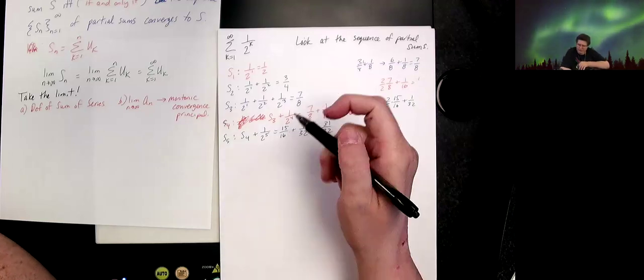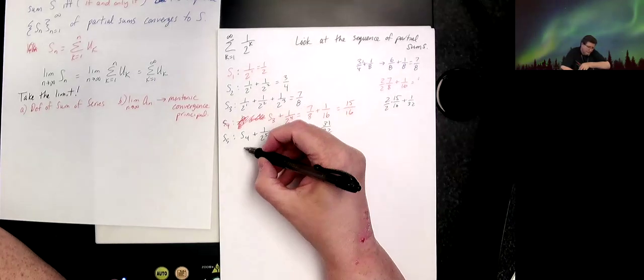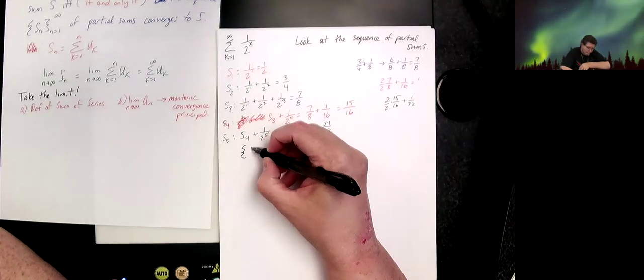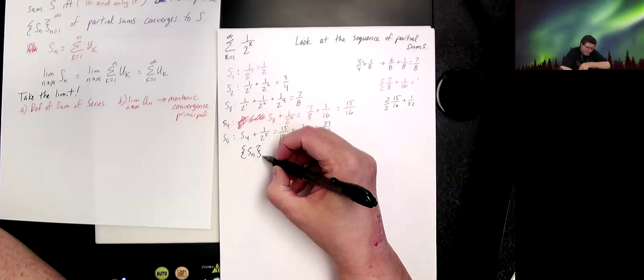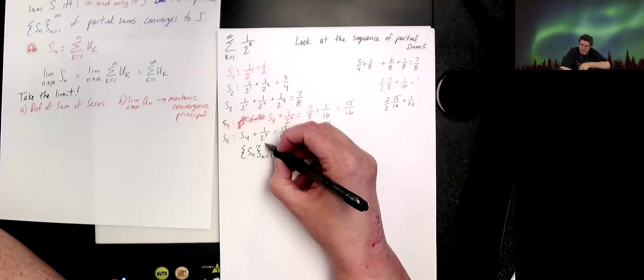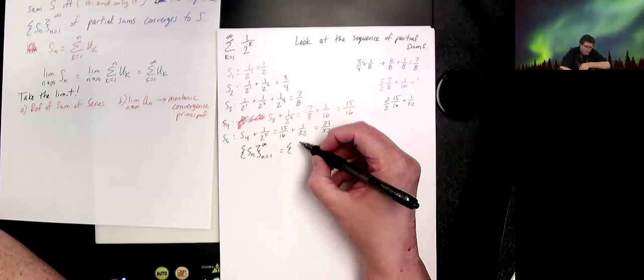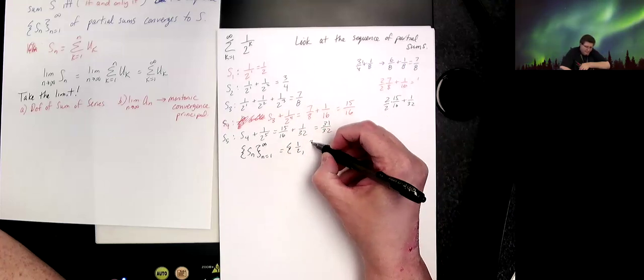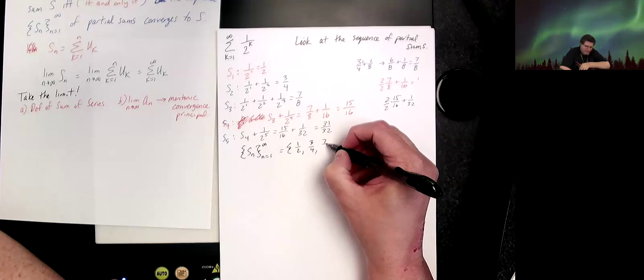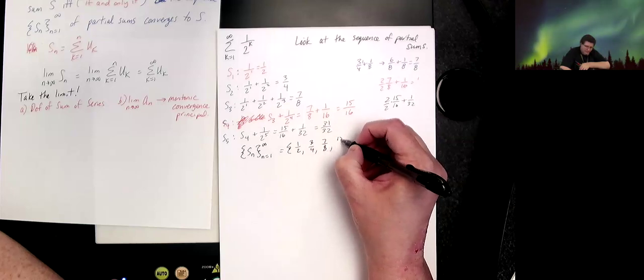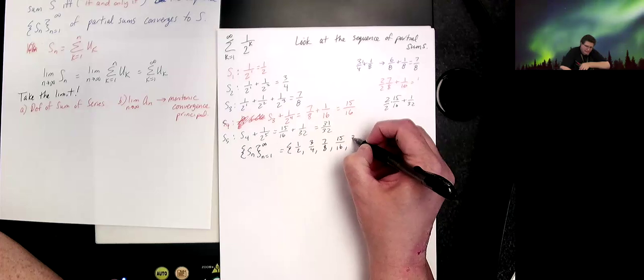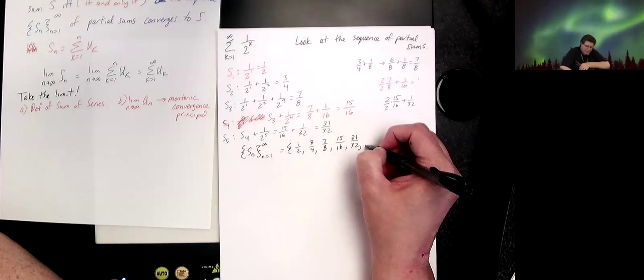So if I do S sub n, we're looking at this series here. Well, it's going to equal 1/2, 3/4, 7/8, 15/16, 31/32.